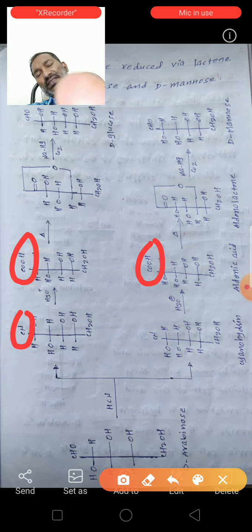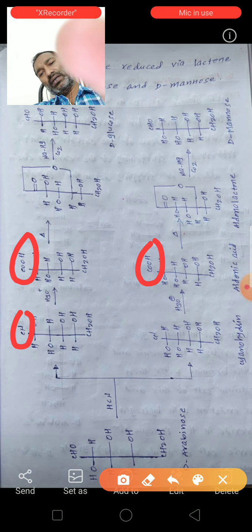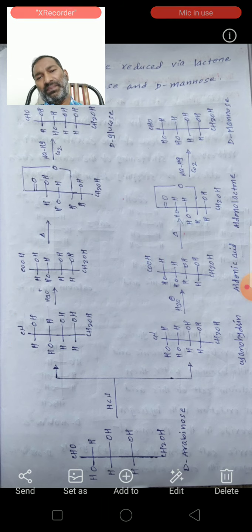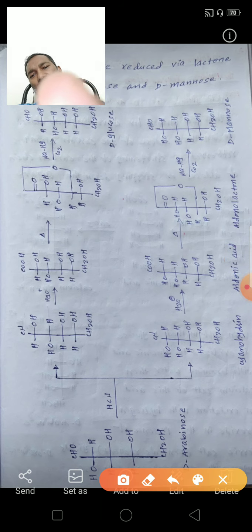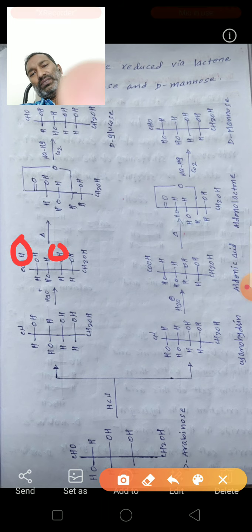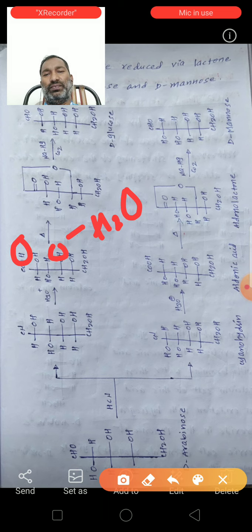When this aldonic acid is heated, it gives a gamma lactone by removal of a water molecule. It removes this OH group and the fourth carbon hydrogen as a water molecule.